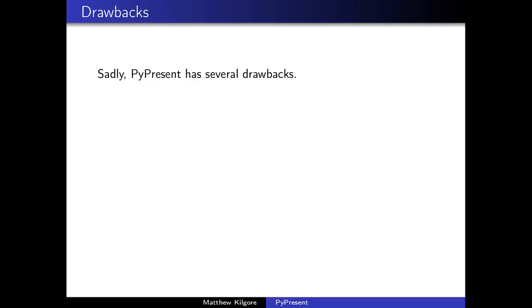Unfortunately, PyPresent has some drawbacks. In fact, it has several drawbacks. Now, this is to be expected, as PyPresent is basically a glorified beta right now. However, they're pretty severe. First off, there's no ability to edit whatsoever. Once you're done recording, that's it.